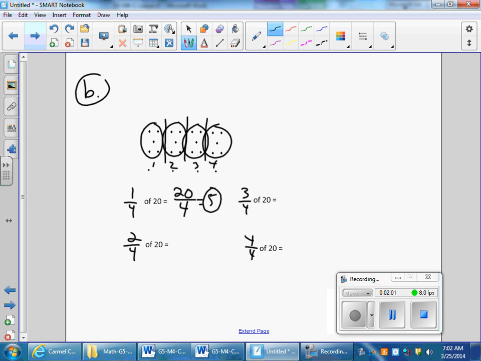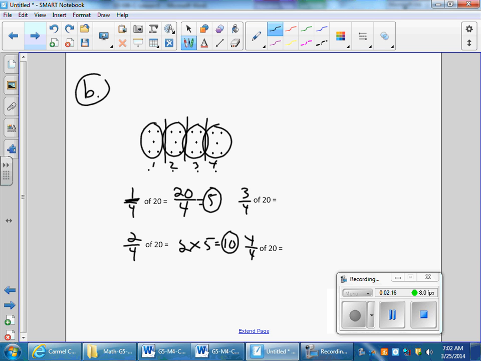However, we can also look at it as double what 1/4 is. So 1/4 of 20 was 5. So double that is 10. 2/4 of 20 is 10.